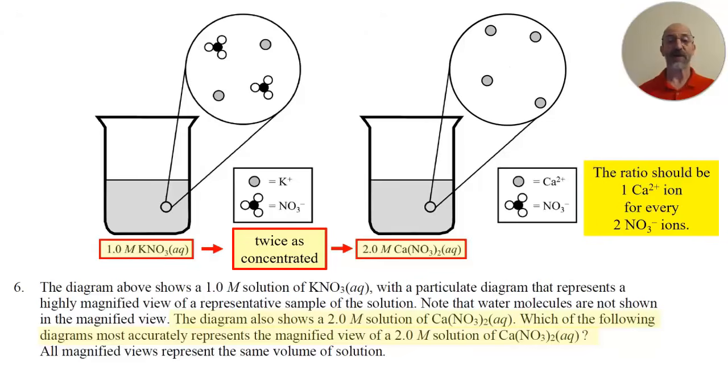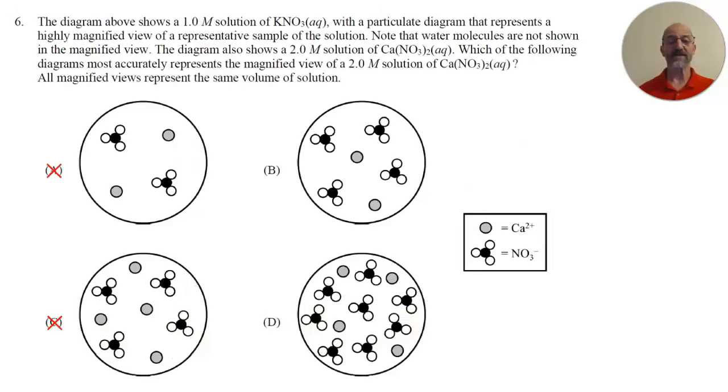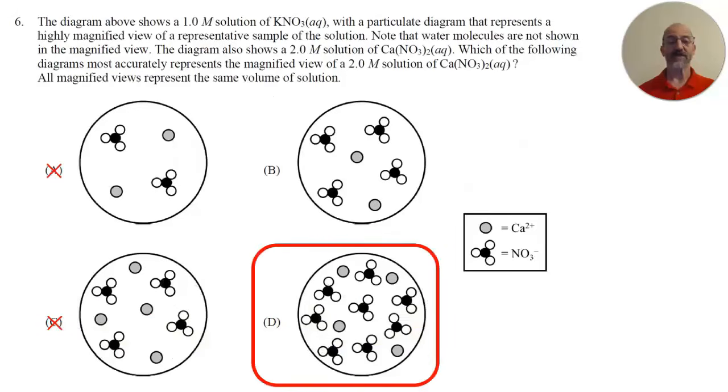And that means that the correct answer to question 6 is choice D. So with a twice as concentrated solution, that means double the number of positive ions. It's going to be 4 calcium ions, and then based on that 1-to-2 ratio, there should be 8 nitrate ions. So the correct answer to question 6 is choice D.